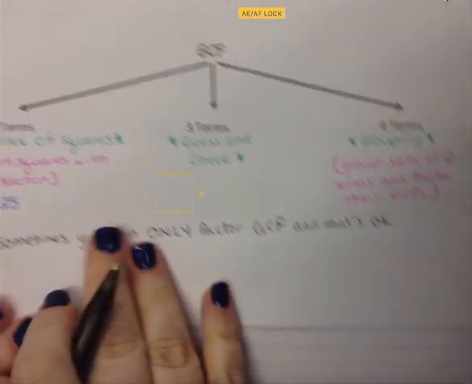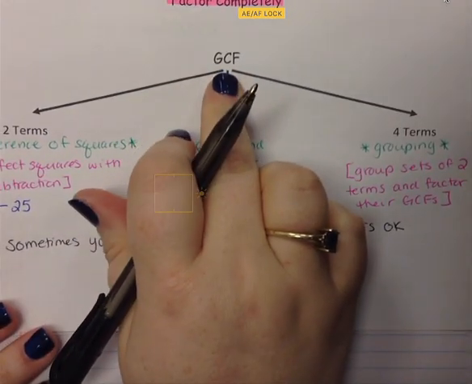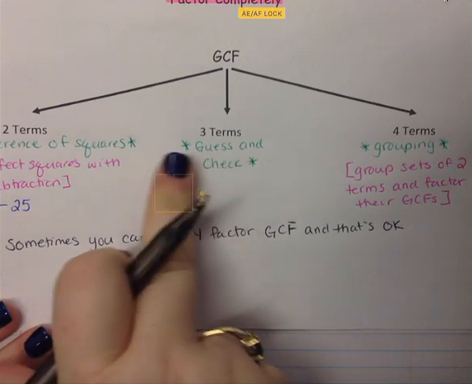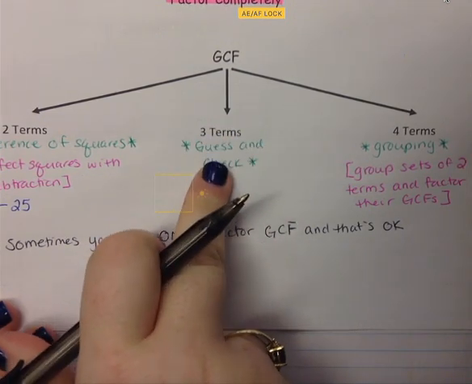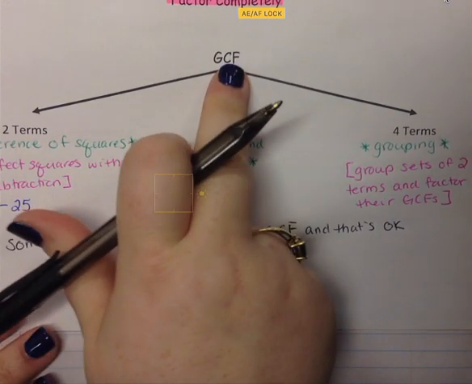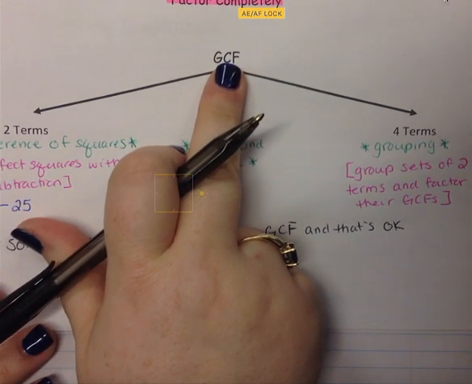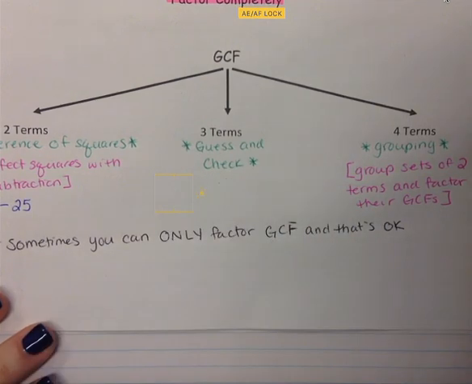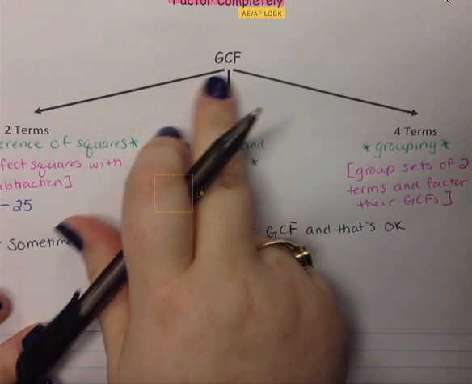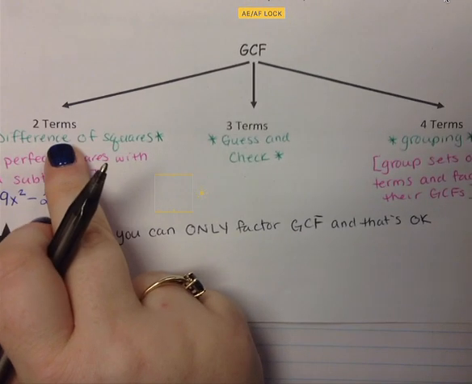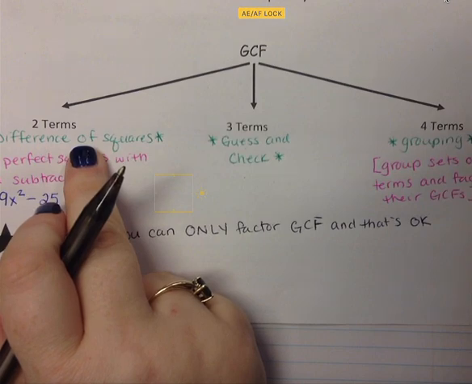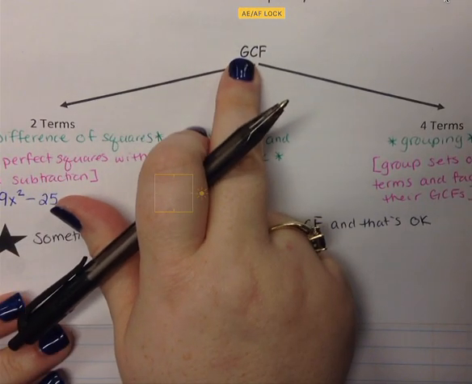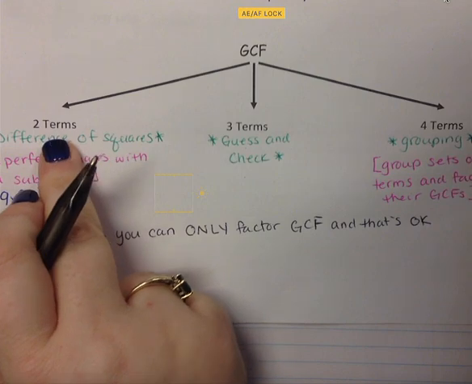So you might get to where you can factor out the GCF, and you have three terms left. But there's nothing that works for these three terms, and that's okay. Your answer will be from your GCF. So you'll have your GCF on the outside and the three terms left inside the parentheses, and that's okay. You might get your GCF out, and you might have two terms left, and it's not a difference of squares, and you cannot factor it further, and that's okay. So your answer will have your GCF on the outside and your two terms left inside the parentheses.